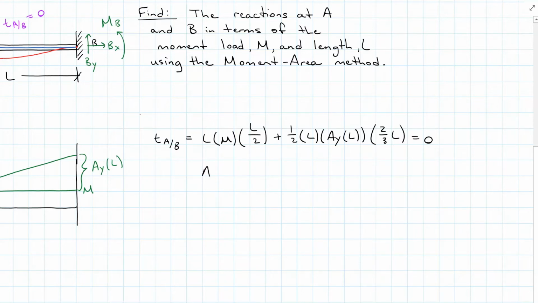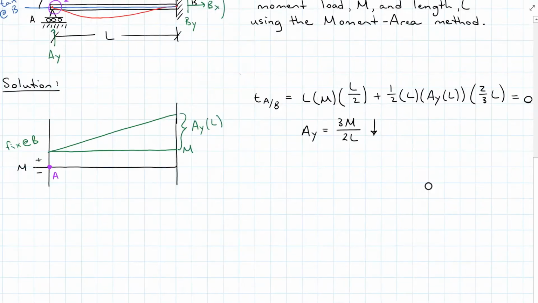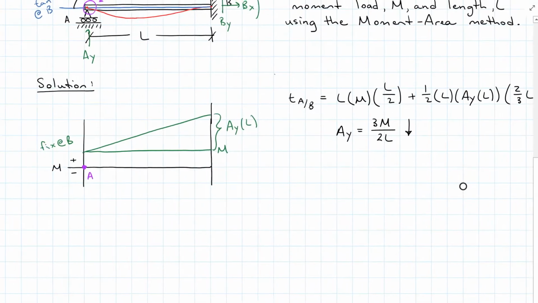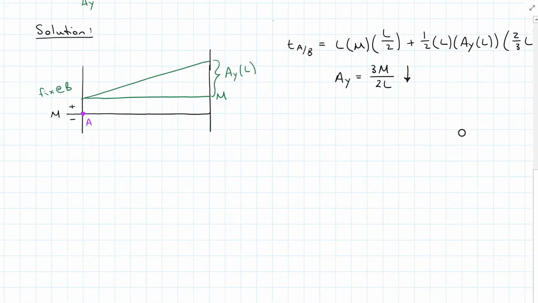So solving for AY, I find that it is equal to 3M divided by 2L, and I get a negative answer, so it is actually acting down. Now that I have that one reaction solved for, I can use equilibrium to solve for the other reactions.